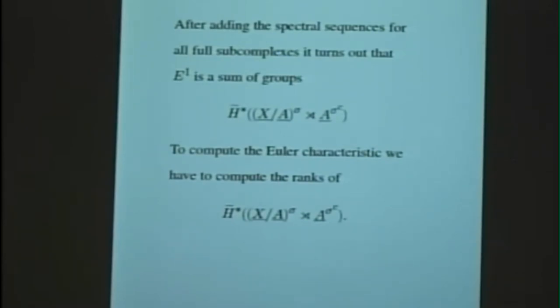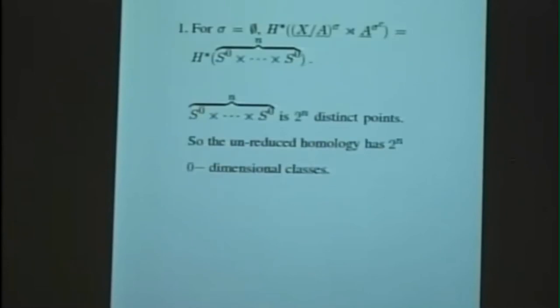So we're going to compute the ranks of these guys. So here we go. First, you start with the empty simplex. There are none of these factors. So all I have is a product of zero spheres, one for each of the vertices. There are n vertices, recall. You figure it out, and you have 2 to the n zero-dimensional classes being contributed from the empty simplex.